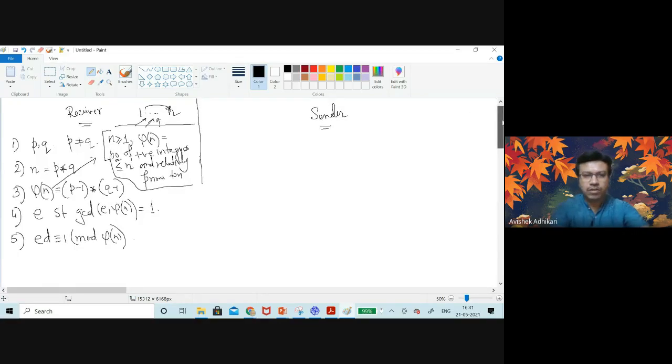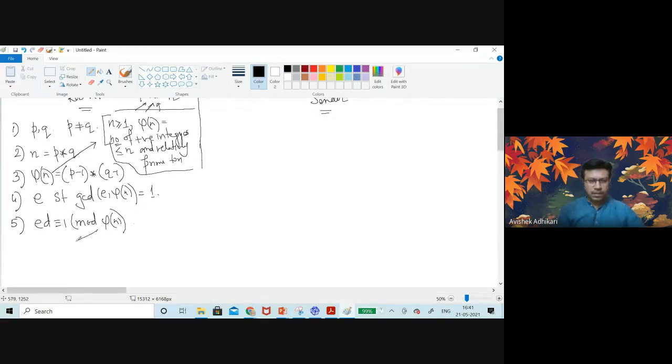Now she is going to make public two things, maybe on her web page or somewhere: these two values n and e. She will keep d secret with her, and p and q as well, but p and q will not be required for further use, while d will be required.